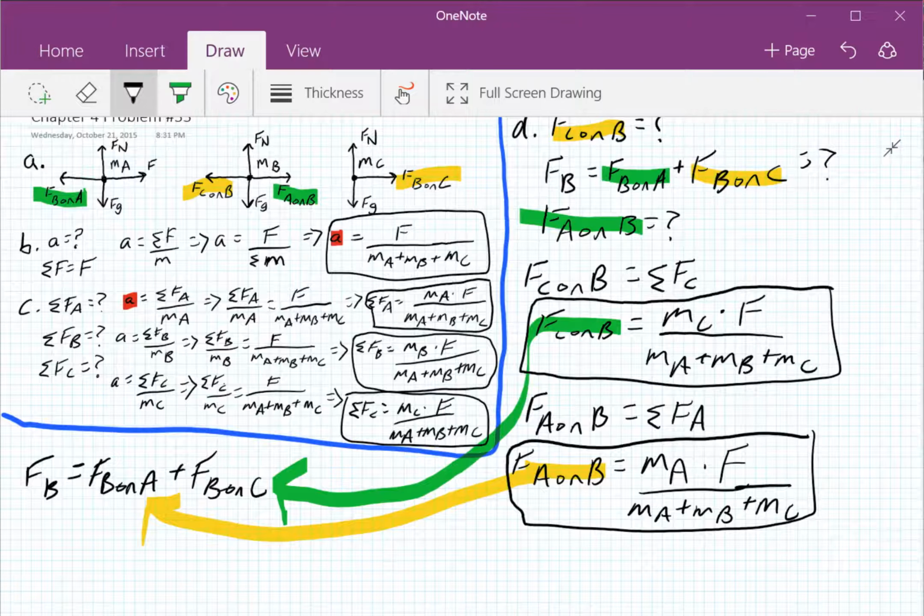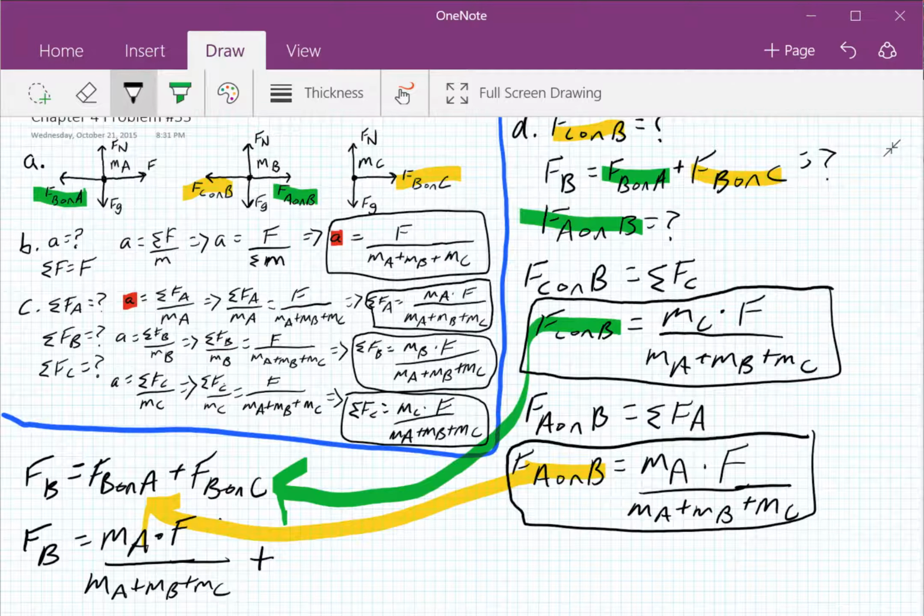So we'll have F_B will equal M_A times F over M_A plus M_B plus M_C plus M_C times F all over M_A plus M_B plus M_C.